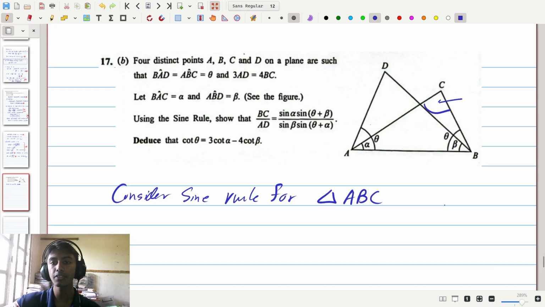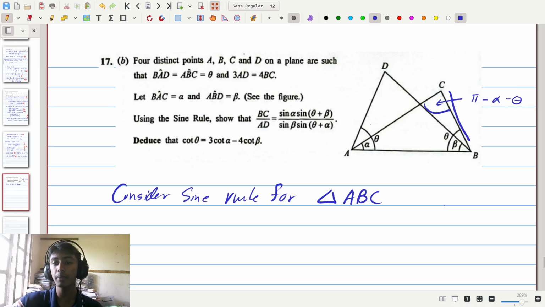So this angle here is going to be pi minus alpha minus theta, since the total angles within the triangle need to sum to pi, and this angle is already taking up alpha radians and this angle is taking up theta radians. So therefore this angle must take up the remaining pi minus alpha minus theta radians. And the angle opposite to BC is going to be alpha.